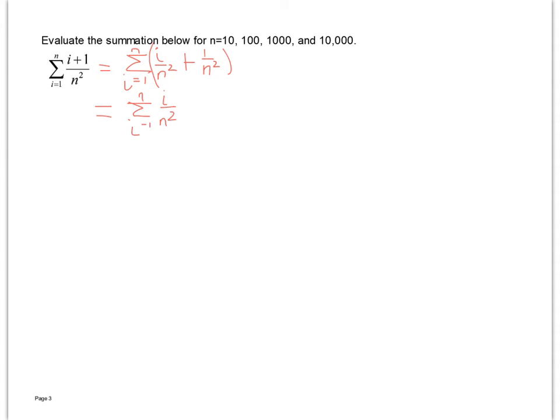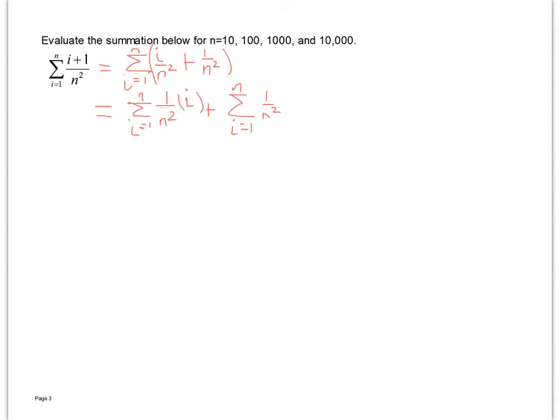Actually, I'm going to go a step further and call that 1 over n squared times the sum of i, just rewriting it so the n is out front, because the n doesn't have anything to do with i. The i is the part you really care about for this. For the summing part you have to care about the other stuff, but it won't affect the sum.